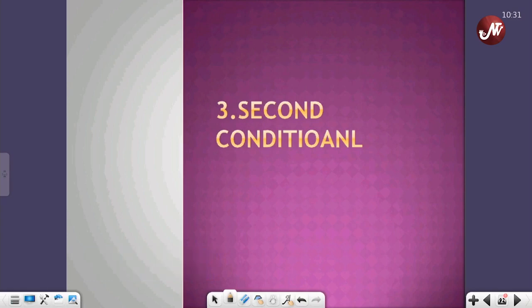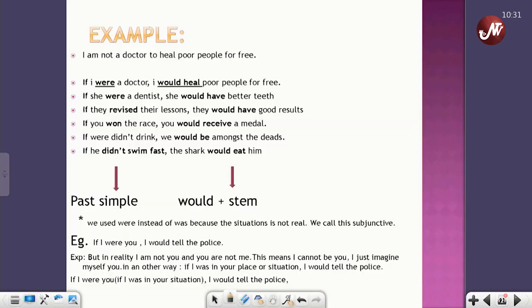Second conditional. It means type number 2. Let's see an example here. I'm not a doctor to treat poor people for free. Here we have a mistake to correct.